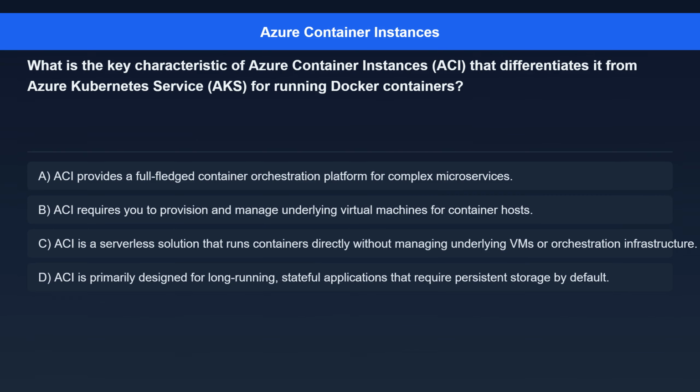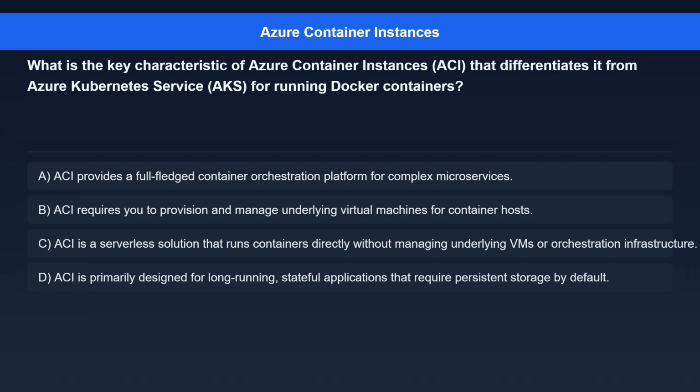Question 7. What is the key characteristic of Azure Container Instances, ACI, that differentiates it from Azure Kubernetes Service, AKS, for running Docker containers? Option A. ACI provides a full-fledged container orchestration platform for complex microservices.